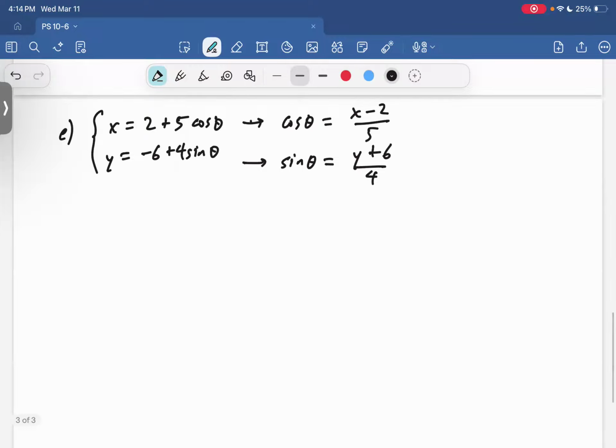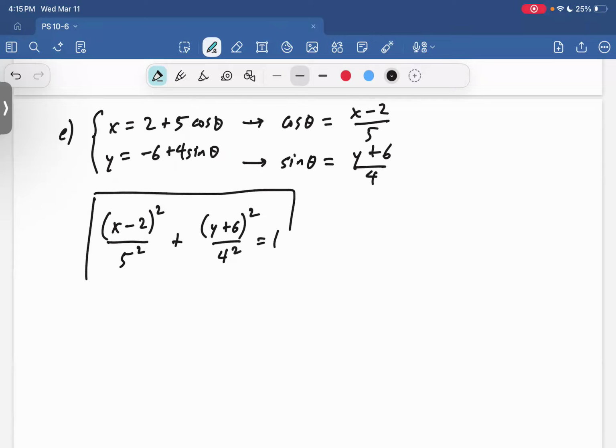We would conclude from this that sine squared plus cosine squared is 1. So this would be our rectangular equation. And once again, this is an ellipse.